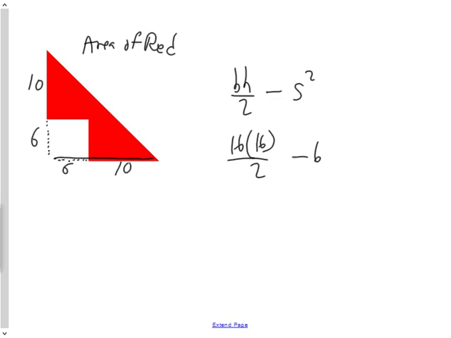Take away 6 squared. 16 times 16 is 256. 256 divided by 2 is 128. Take away 36. That is 92 meters squared, or 92 square meters, I think. Is that right? Yes, something like that.